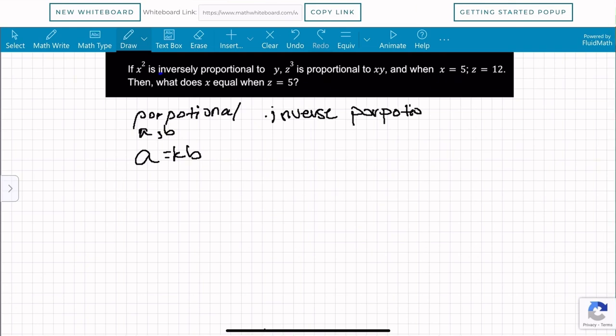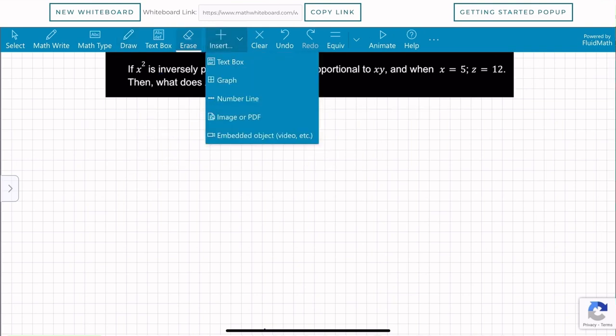For proportionality, a equals k, the constant, times b. For inverse proportionality, it's the same thing, but vice versa. So a is going to equal the constant over b, which comes from 1 times k times 1 over b. So we're going to be using these two equations while solving this question over here.